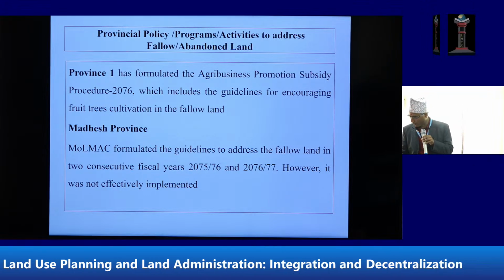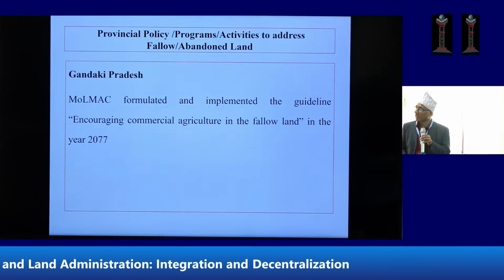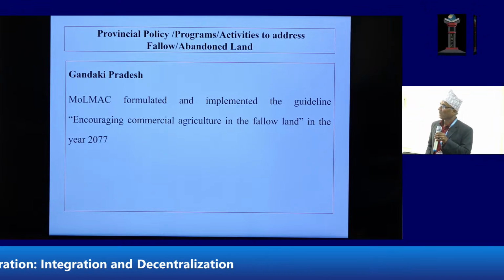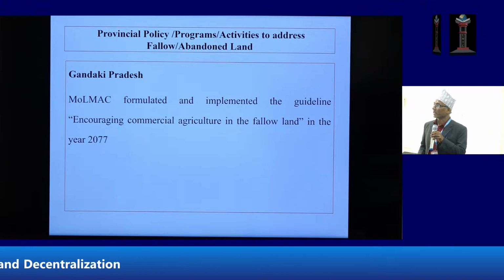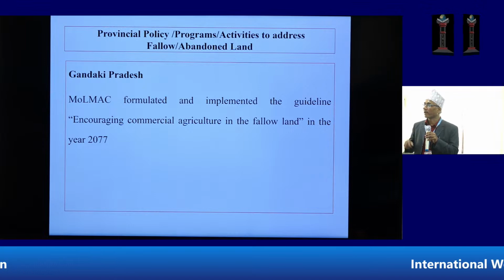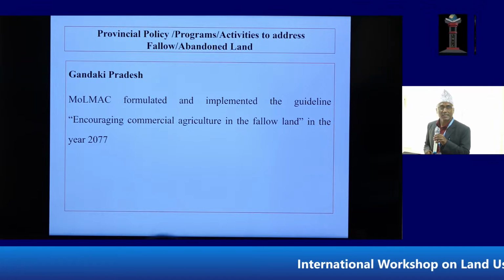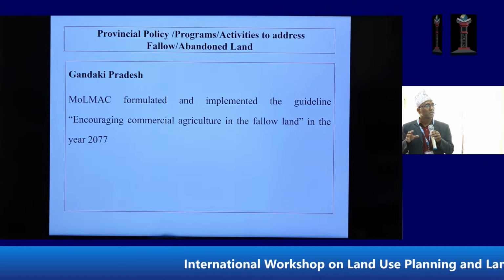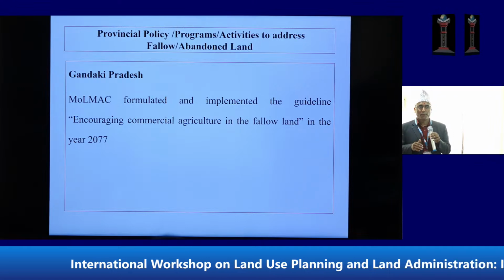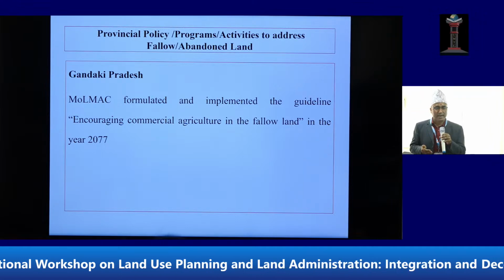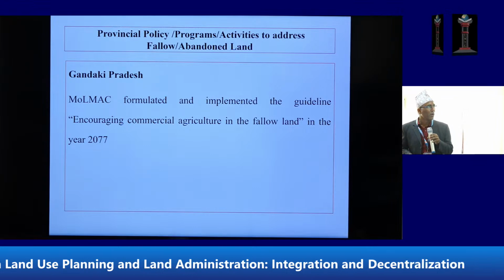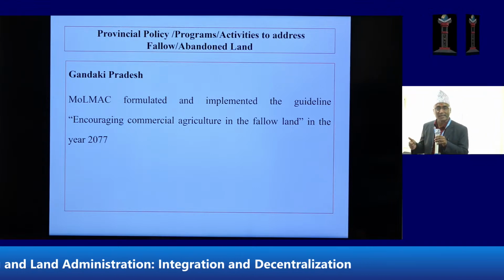Gandaki Province also formulated and implemented a guideline encouraging commercial agriculture on fallow land in 2007. It means there are different policies and programs by provincial governments for the best utilization of agricultural land, so that it will not be abandoned or fallow in the days to come.